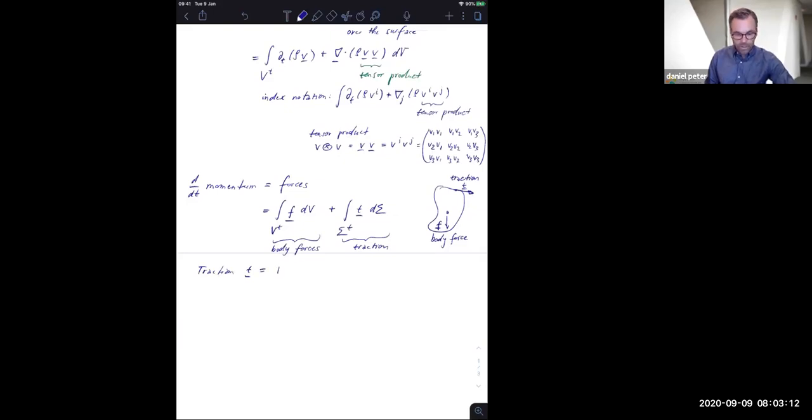And it's related to the stress tensor T by taking the stress tensor and taking the dot product with the normal at the surface. So small t is the traction, a vector quantity, and capital T here with 2 bars is the stress tensor.